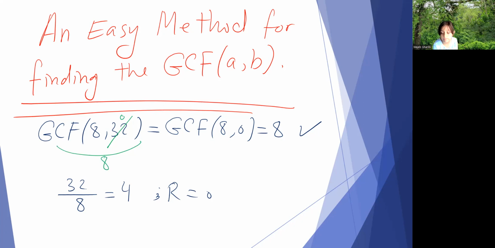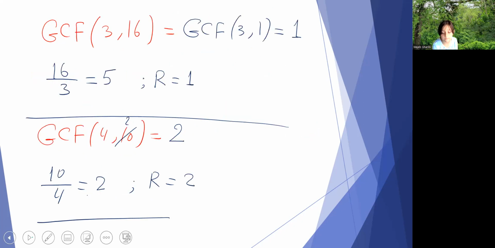Got it? One more example, Maria. What is the GCF of 3 and 16? We first divide 16 by 3 and keep the remainder, which is 1.